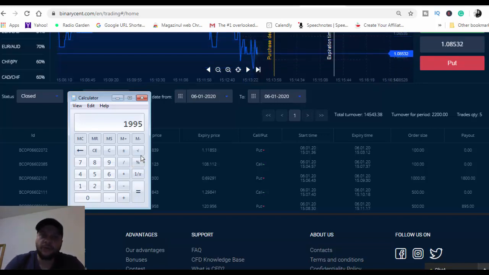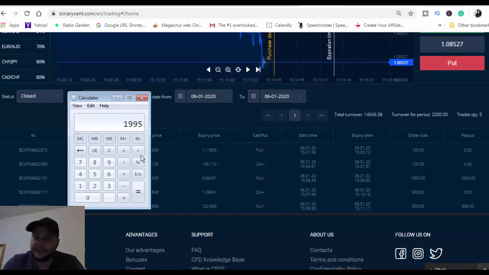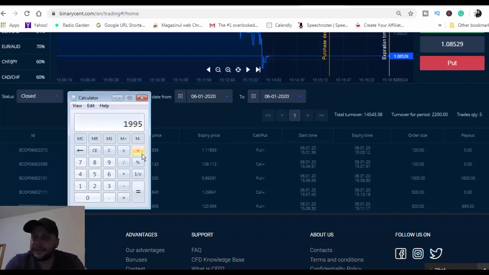First thing first, you go with a small amount. That depends on your account. If you are starting with $500, of course you need to put a much smaller amount than this one. You try those signals first with small amounts.